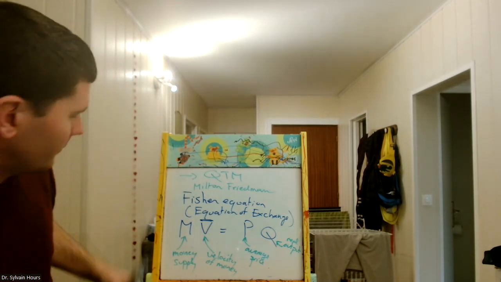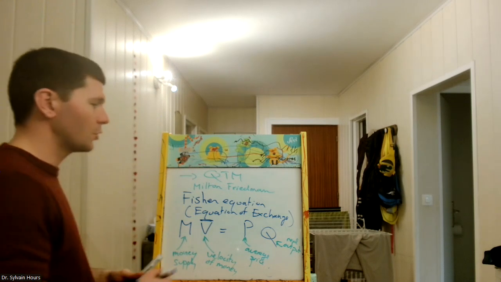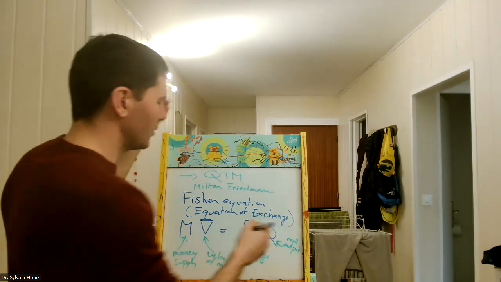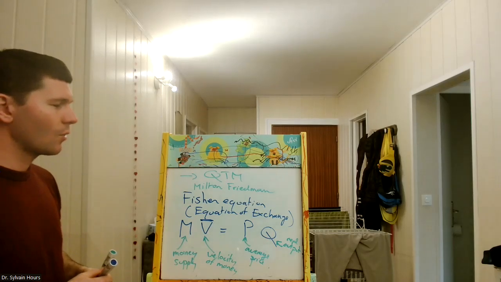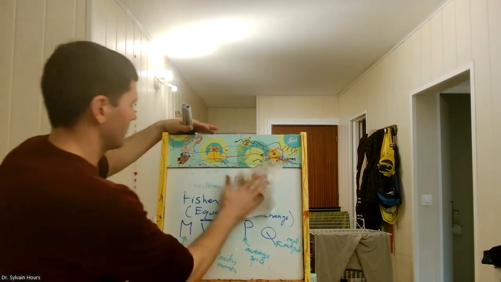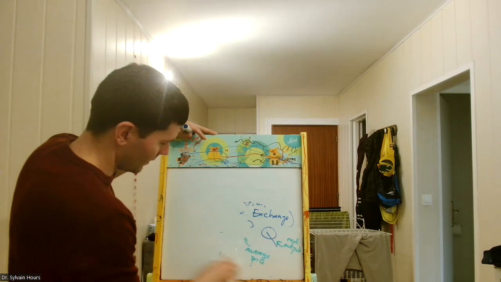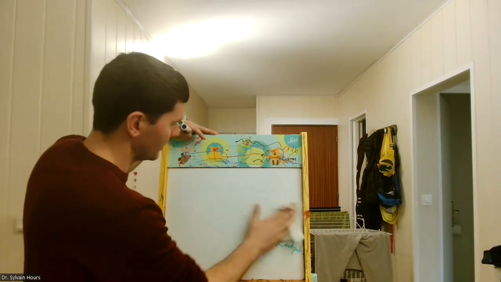So MV is equal to PQ. And by the way, Q may or may not be regarded as fixed. Quite often it is regarded as fixed, but it doesn't really matter. I'll give you a bit more details in a minute.